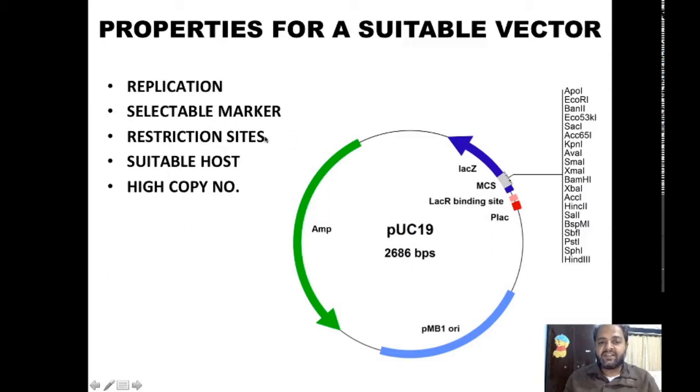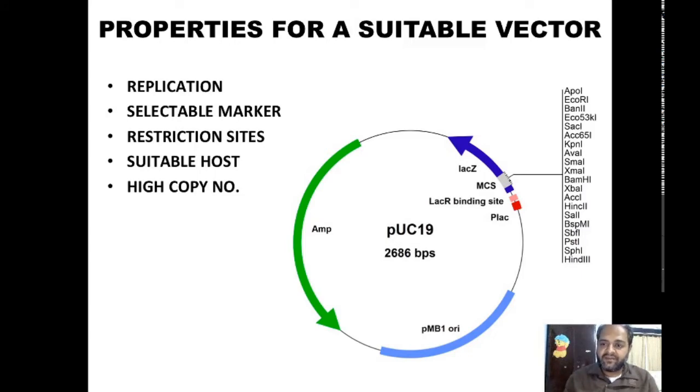Then there are the restriction sites. Now restriction sites are essential because we use these plasmid vectors for inserting a particular gene of interest and then storing them, maybe for the purpose of libraries, or we might want to express a particular gene.